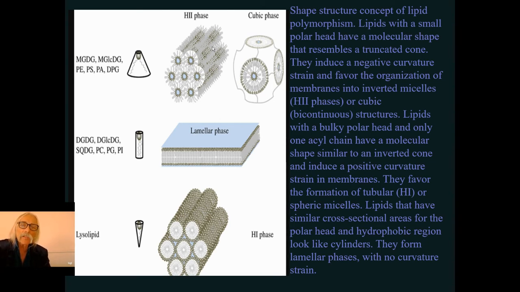So you have hex 2 phase, hex 1 phase, the classical lamellar Singer-Nicholson bilayer membrane, and you also have cubic structures. All of these can be found in even one membrane, such as the plasma membrane, hence generating different domains and therefore structures and therefore functions.